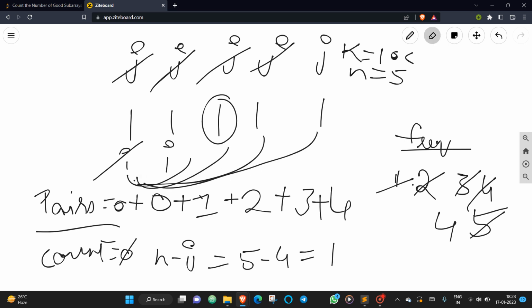So you need to remove all the pairs, since you are removing this element from your window. After decrementing your frequency, you need to remove that frequency from your pairs, right? I'll just erase this.